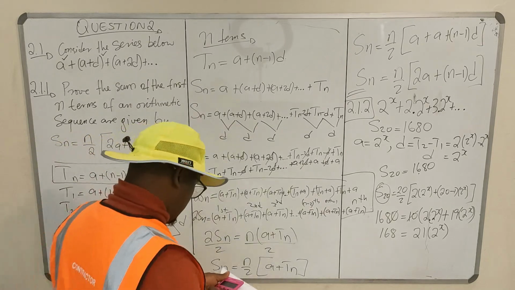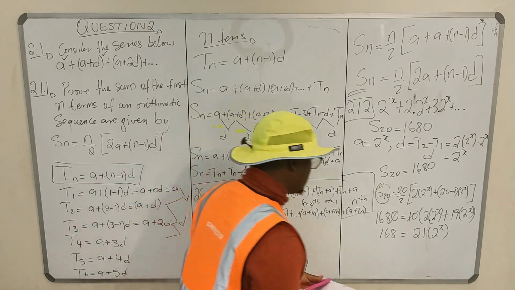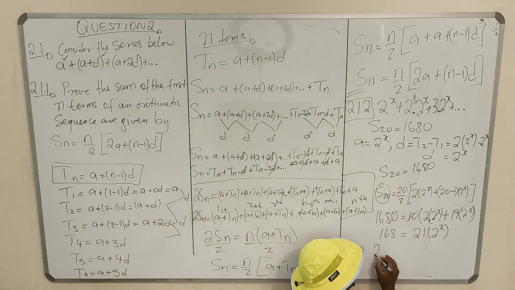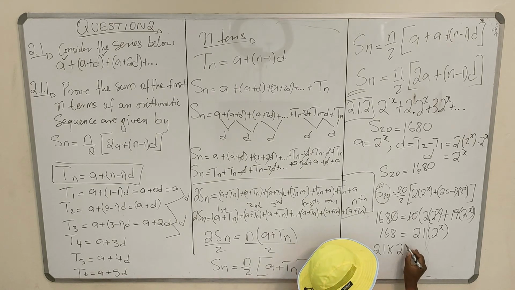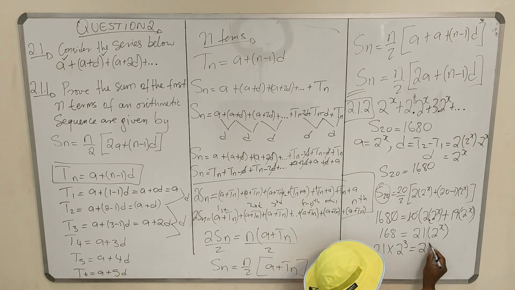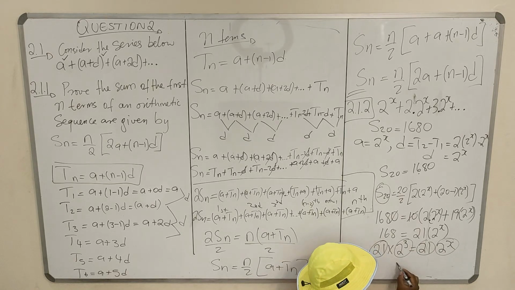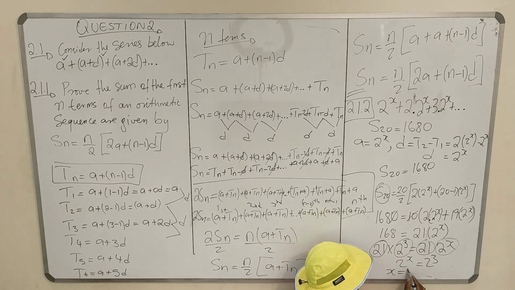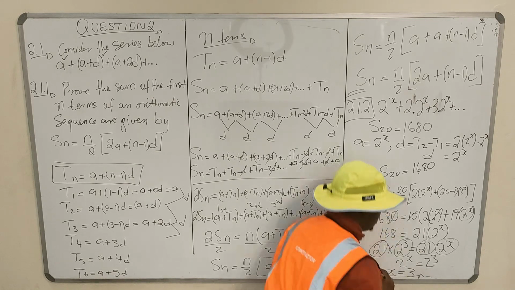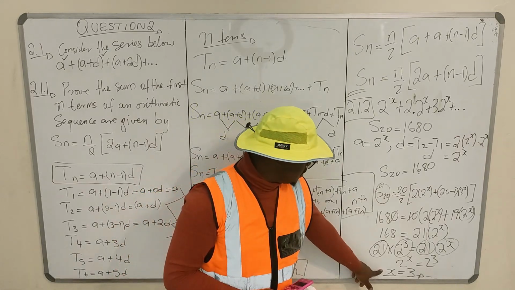The factors of 168 is 21 times 2 raised 3. Is equal to 21 times 2 raised x, which is this part, so 2 raised x is equal to 2 raised 3, which is x is equal to 3. Done with this one. So your x is equal to 3.